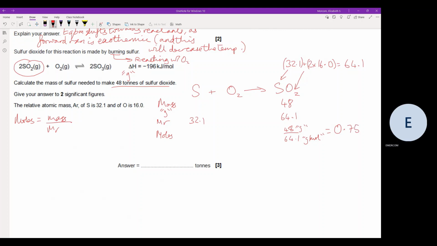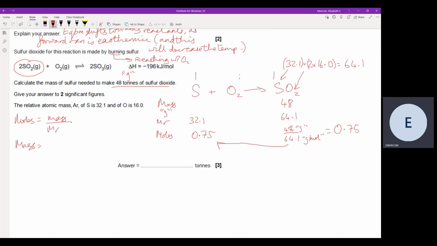Then I need to do that number multiplied by the molar mass, because the ratio is 1 to 1. So I've got the same number of moles here, 0.75, and mass.